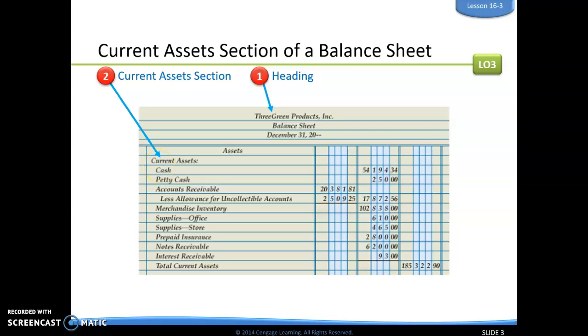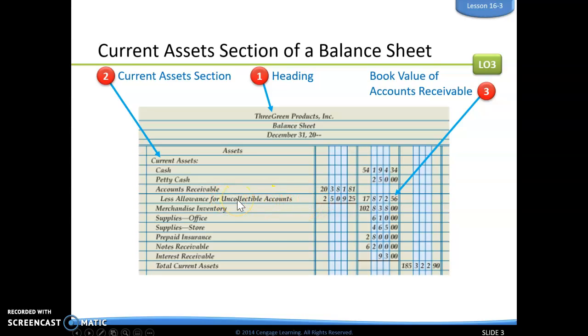Remember, current assets are anything that we are going to use up or turn into cash within a year. So all of those current assets are going to be listed. Notice that there is accounts receivable, and it's over here in the far left column. And then underneath accounts receivable it says less allowance for uncollectible accounts.